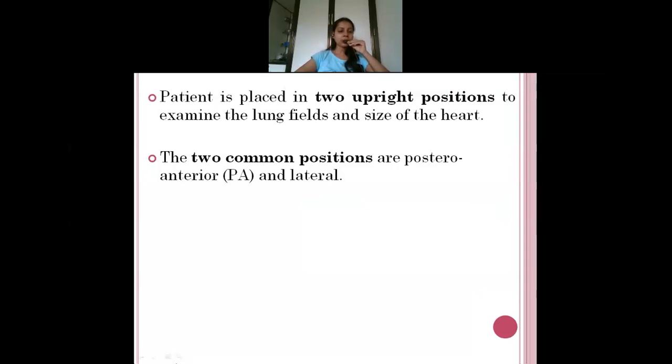You have to know that here we are mainly finding out the size of the heart, any fluid accumulations, the shape of the heart, and the margins of the heart, all of which can be detected in the x-ray.